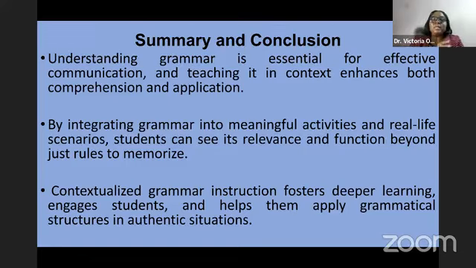We've come to see that if we integrate grammar into meaningful activities and real-life scenarios, the students will see the relevance and the full function of what we are teaching them, instead of just seeing them as rules that they have to memorize. We've come to see that contextualized grammar can foster deeper learning, engage students, and help them apply these structures in authentic situations.